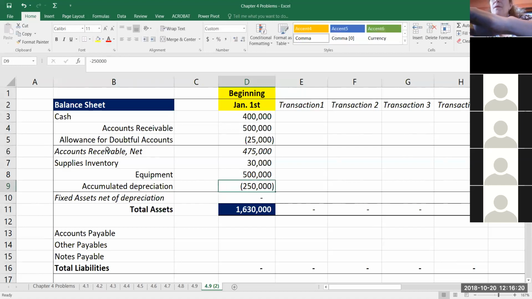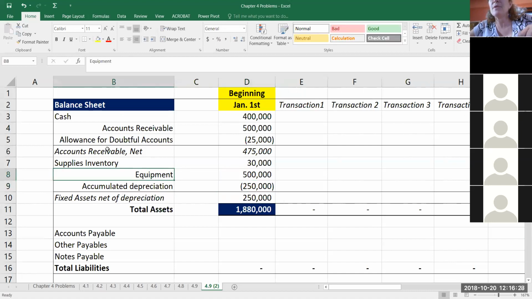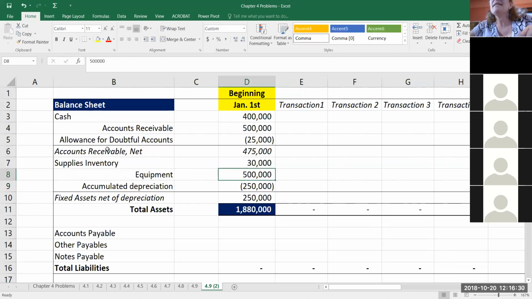So our net fixed assets would be the actual cost of the fixed assets, which is the equipment, less the accumulated depreciation, which gives us 250, okay?